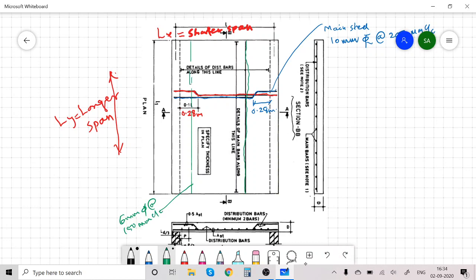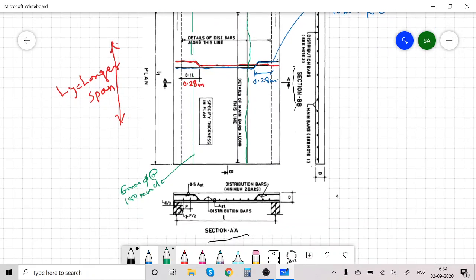You can draw the cross section along A, that is along shorter span. This is along shorter span, cross section along shorter span, whereas this is cross section along longer span. Here you can see that is along shorter span cross section.